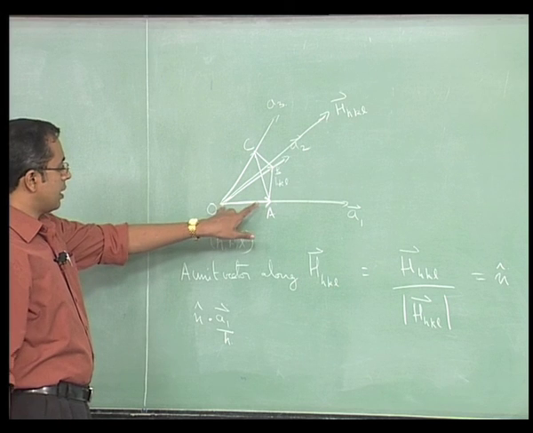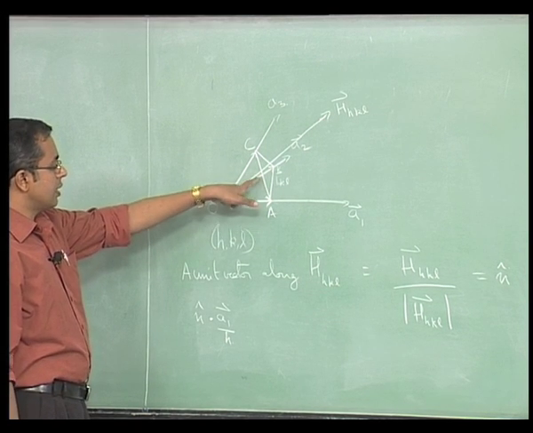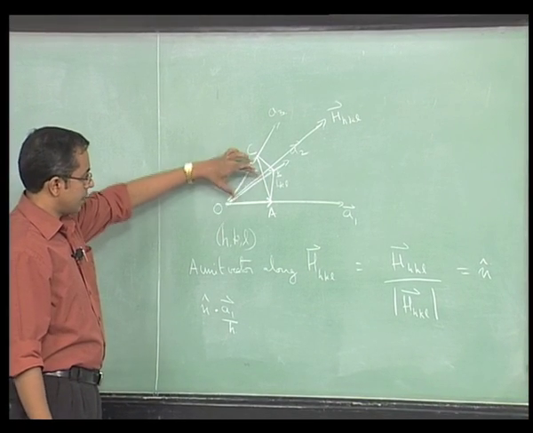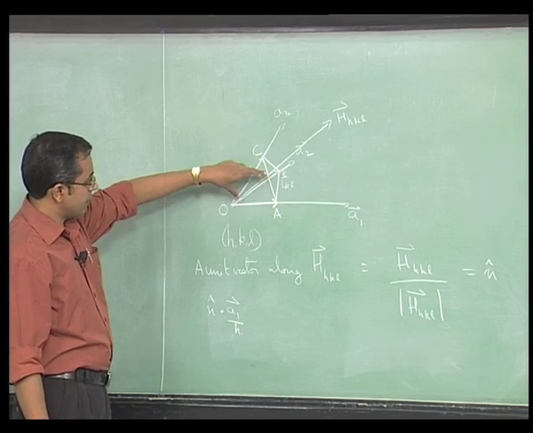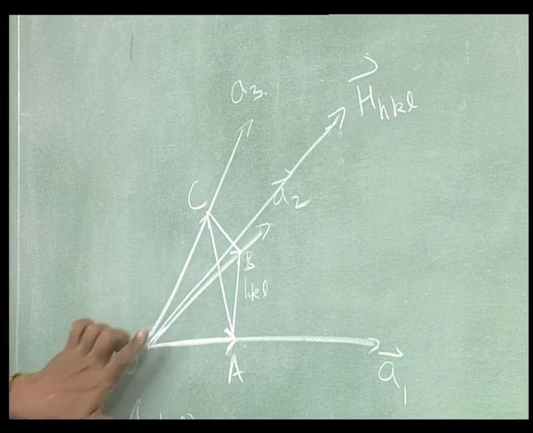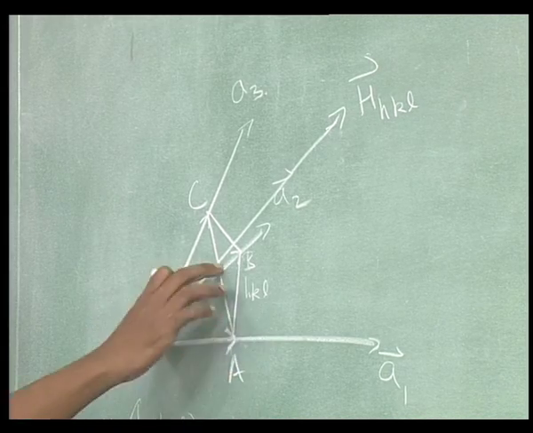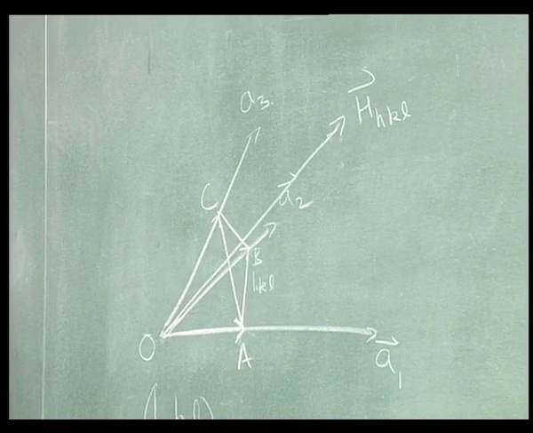If you take the dot product of A1 by H with a vector in the direction of this HKL, then you get the component of OA along that direction, and that would be the spacing that you are interested in.